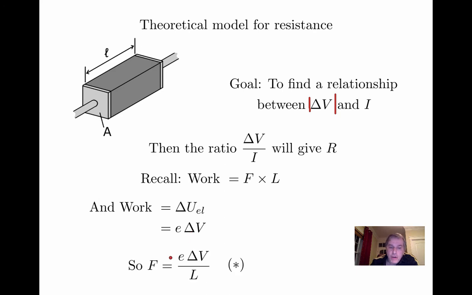If I solve for the force, I get that the force on the charge as it moves through the resistor is e times delta V over L. That's our first equation, so I call it equation star. Notice that it relates a delta V to a force.